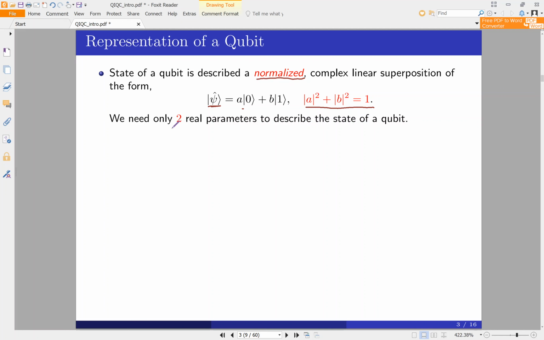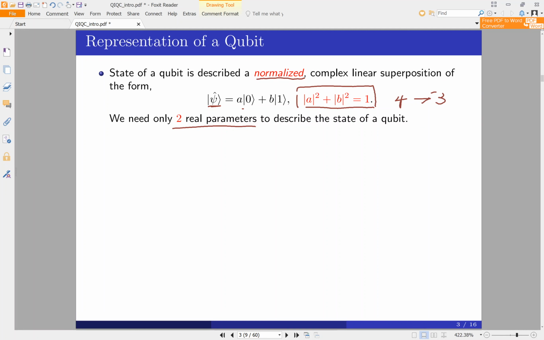But now I'm going to claim that you need only 2 real parameters to describe the state of a qubit. First of all, note that from 4 we already come down to 3, because of this constraint of normalization, right? But how do we reduce that to 2?